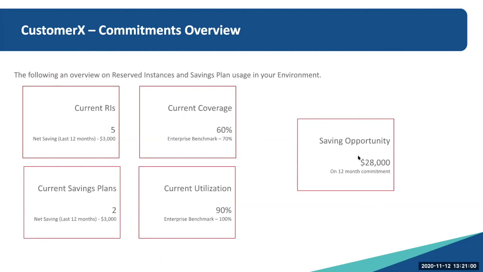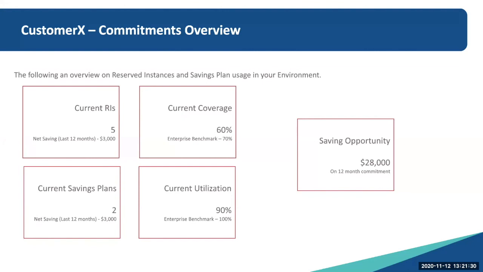As we move through the assessment, we'll also provide a highlight into the current reservations in the environments. For those of you that don't know, reservations in cloud environments, whether they're reserved instances or savings plans, allow you to commit to capacity, whether that be compute time or database time, or whatever the service may be.